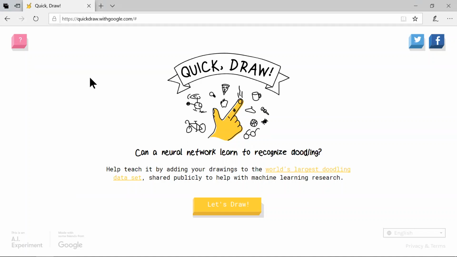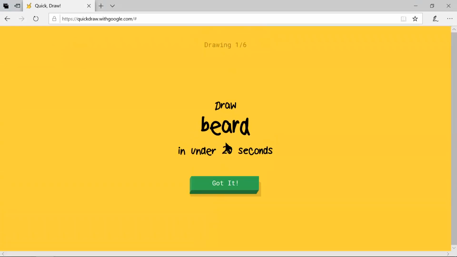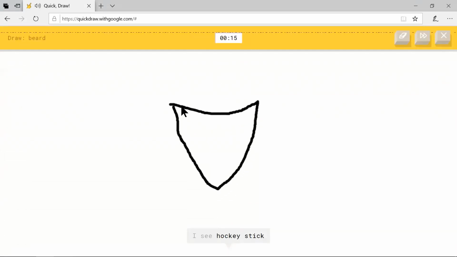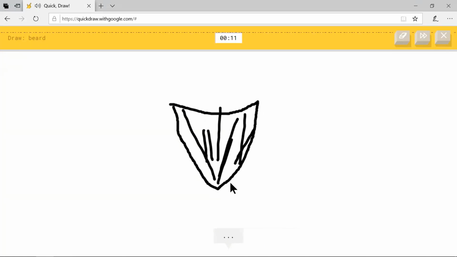Just type in Google Quick Draw, and then the challenge is, see, draw a beard in under 20 seconds. Okay, now I draw a beard something like this, right? It's actually trying to predict that it's a beard or not. I'm actually not able to draw it properly, but if you have some nicer mouse, you'll be able to draw that beard.